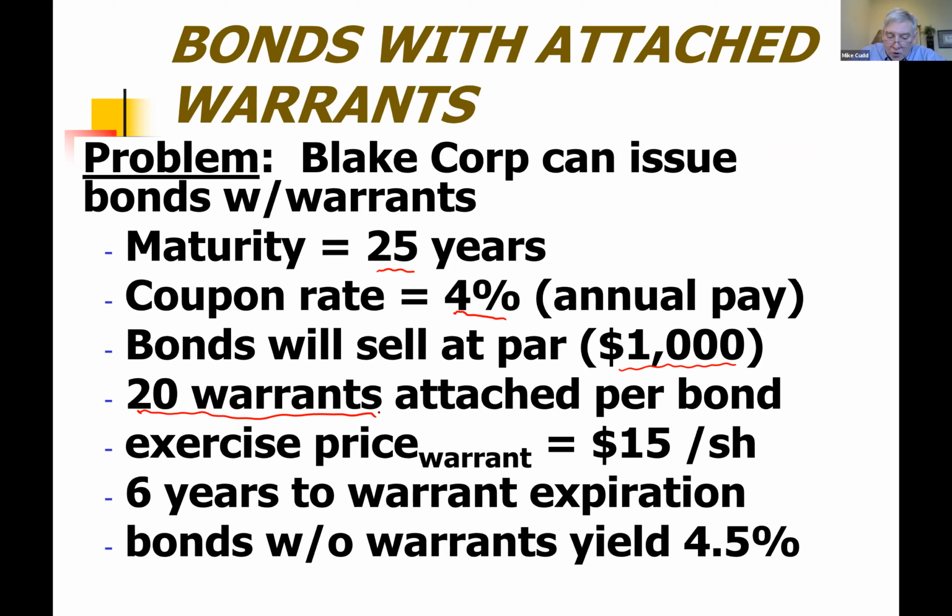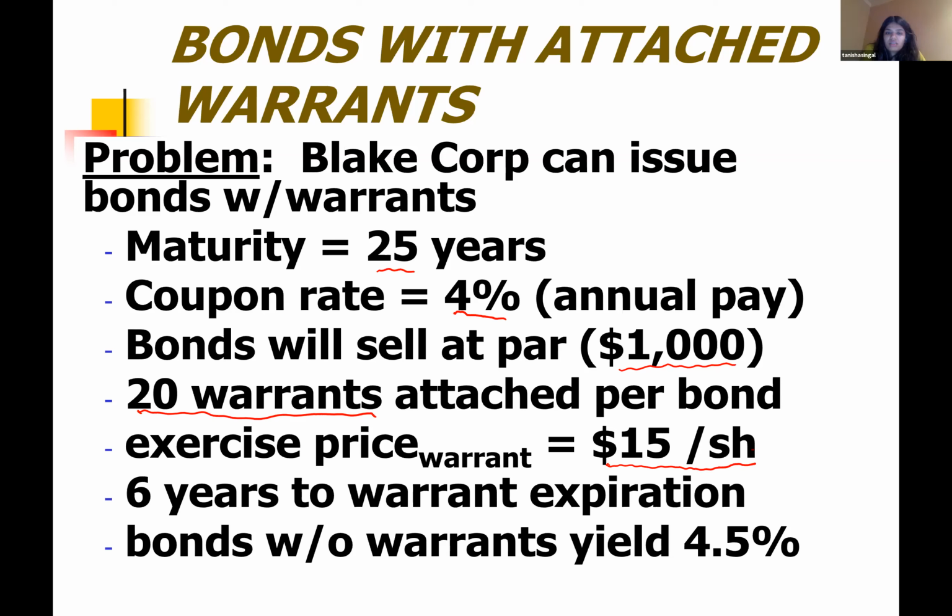And with each warrant, if you're the bond investor, you also own the warrants. You can turn the warrants in to the company, and each warrant will allow you to buy a share of stock for $15. So if the market price of the stock has gone above 15, like $22 a share, then this is worth something.